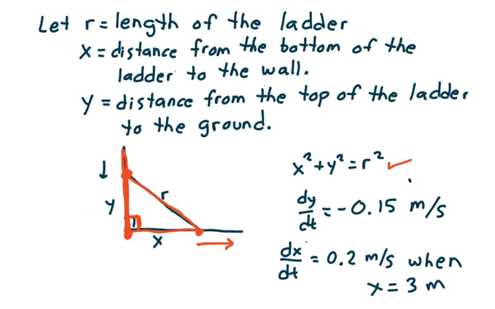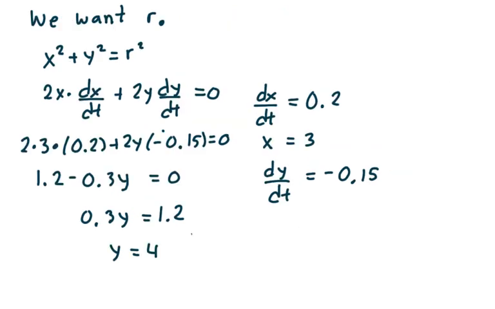So we're going to use that information to first solve for Y. We're ultimately wanting to find R, but we're going to need to solve for Y first in order to find R, if that makes sense. And so we're going to start with this equation, x squared plus y squared is equal to r squared.